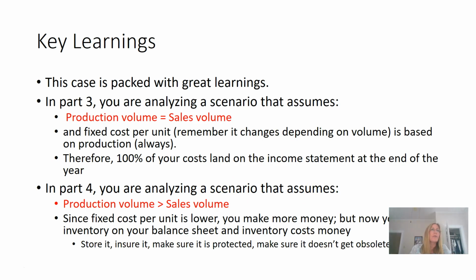So your unit cost goes down, making your profitability on your income statement go up. And the difference in the cost is found back on the balance sheet. So those extra costs that you had expensed under part 3 are now being held back on the balance sheet.